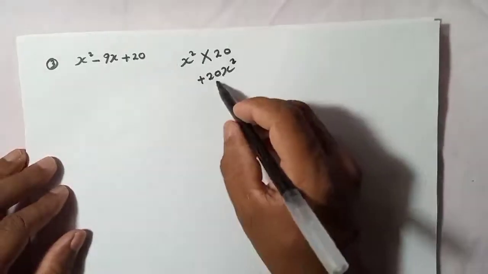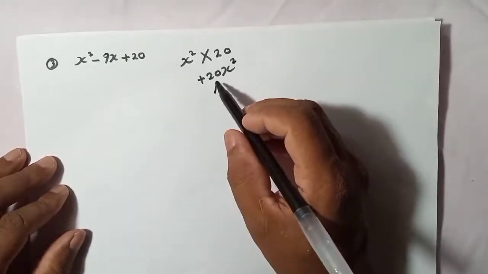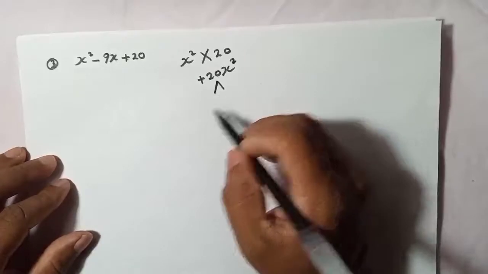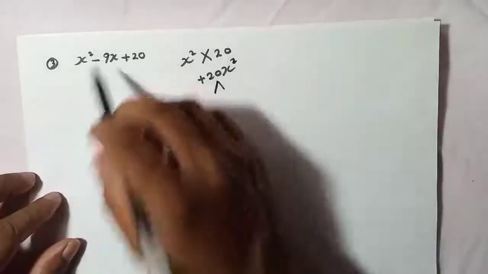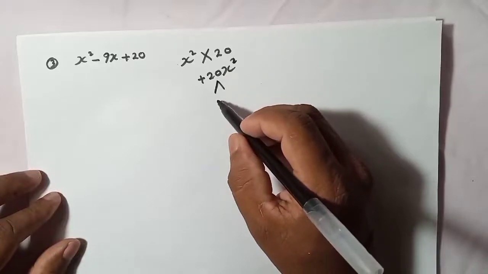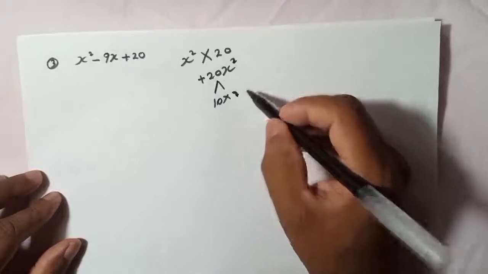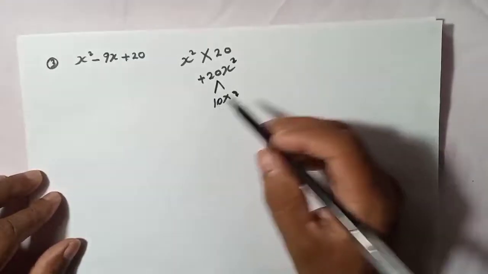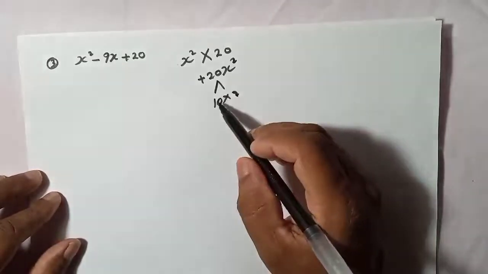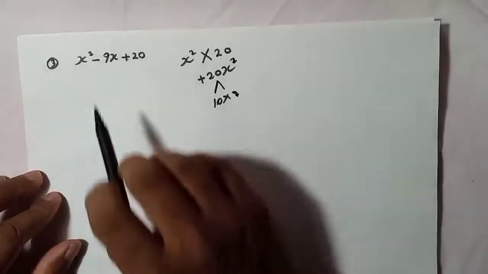Now this is the number we have to think. By multiplying you should get this number, and when you add the two numbers you must get 9, right? So 20 we can make how, 10 into 2, right? I will not explain much now. 10 into 2 is 20, yes, but 10 plus 2 is 12, 10 minus 2 is 8, you can't get 9.